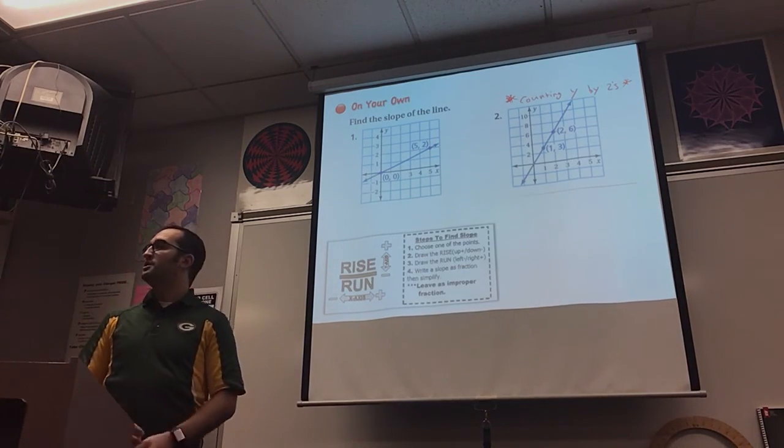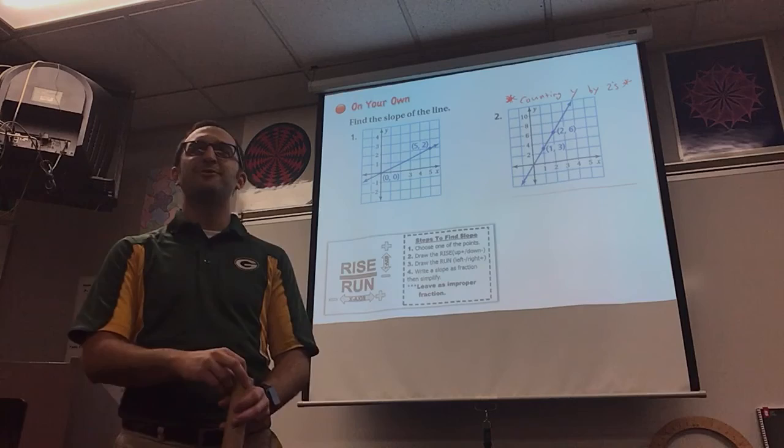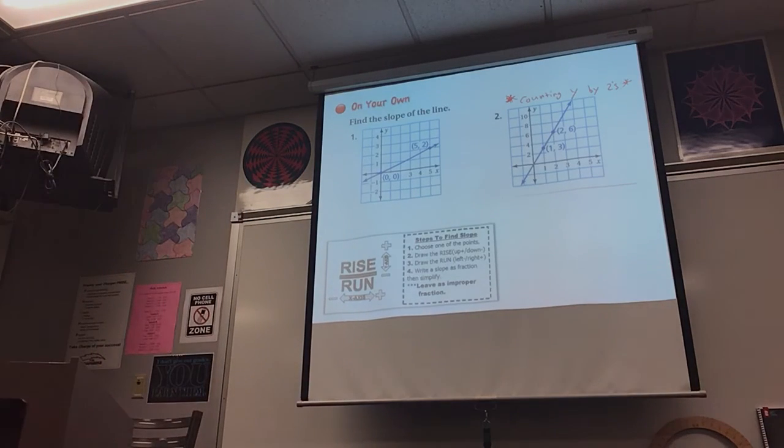Draw your slope triangle. Just draw it and count. My slope triangle usually rises first, runs second. Yep, 1 and 2. Notice number 2 counts by 2s, so be careful.